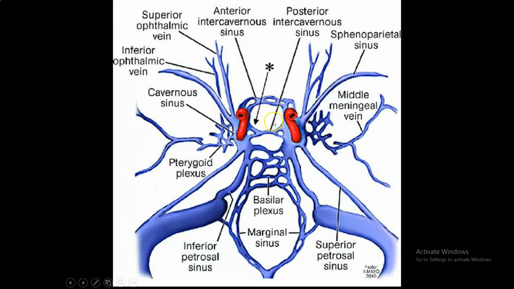What we call the anterior intercavernous, posterior intercavernous sinus is the basilar.